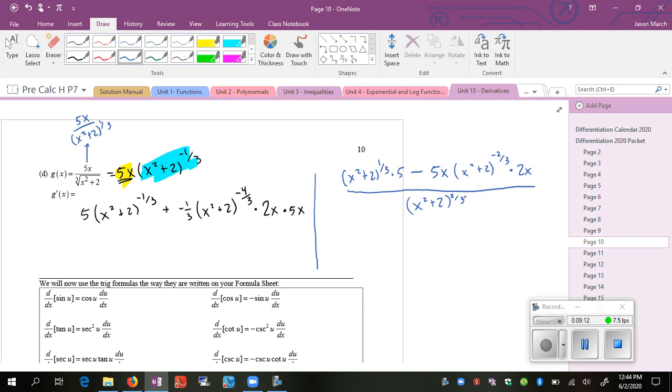So what I can do is I'm going to rewrite this. So if I multiply the top and bottom, perhaps, let's say I put this one over 1 and multiply the top and bottom by x squared plus 2 to the 2/3, right? Because the denominator in the blue one here is x squared plus 2 to the 2/3.